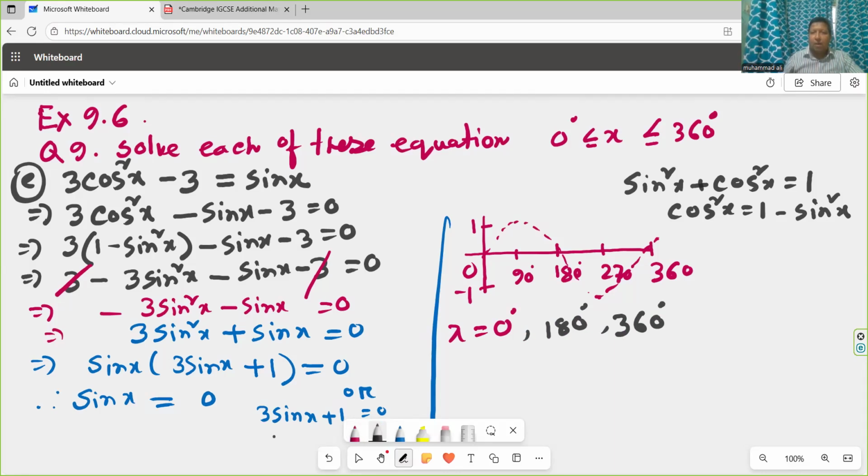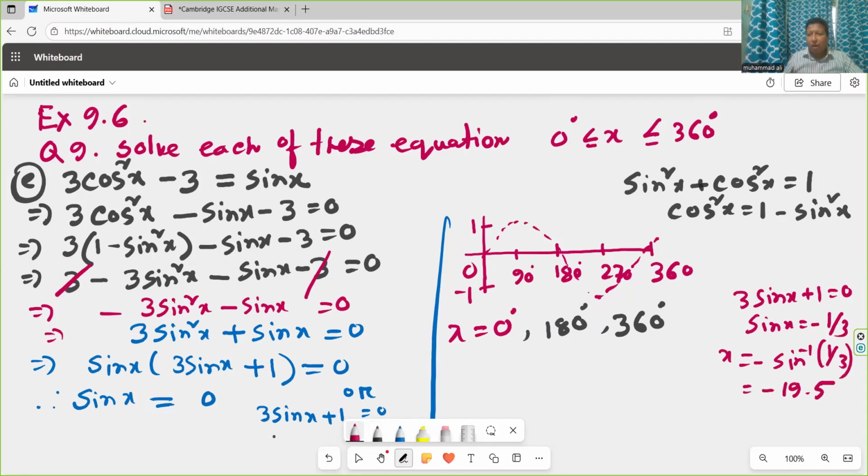For the second part, 3 sine x plus 1 equals 0, sine x equals minus 1 by 3. So x equals minus sine inverse 1 by 3, which is minus 19.5 degrees. Sine is negative in the third and fourth quadrants.